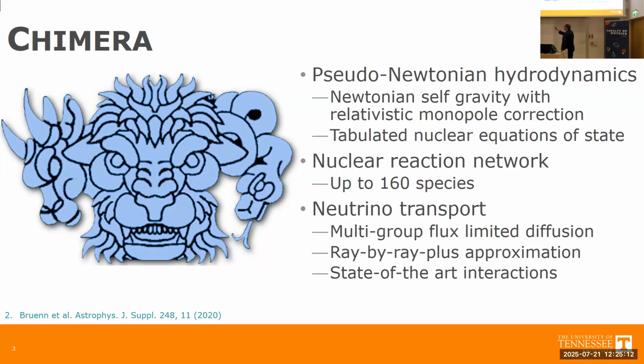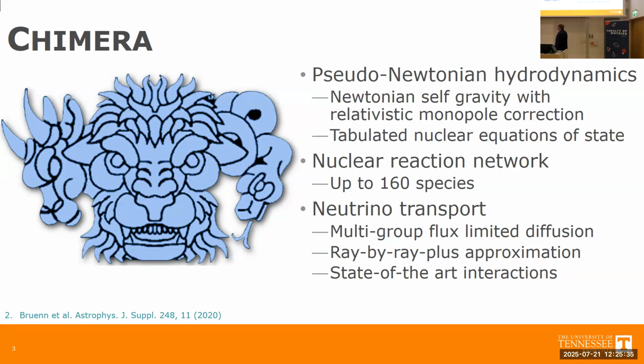We work in the ray-by-ray plus approximation, which means we solve for a single ray in direction for neutrino transport, and then we'll have different rays along each angle. And the plus means that the neutrinos can move in each angular direction, can advect in that direction as they're evolving in time.